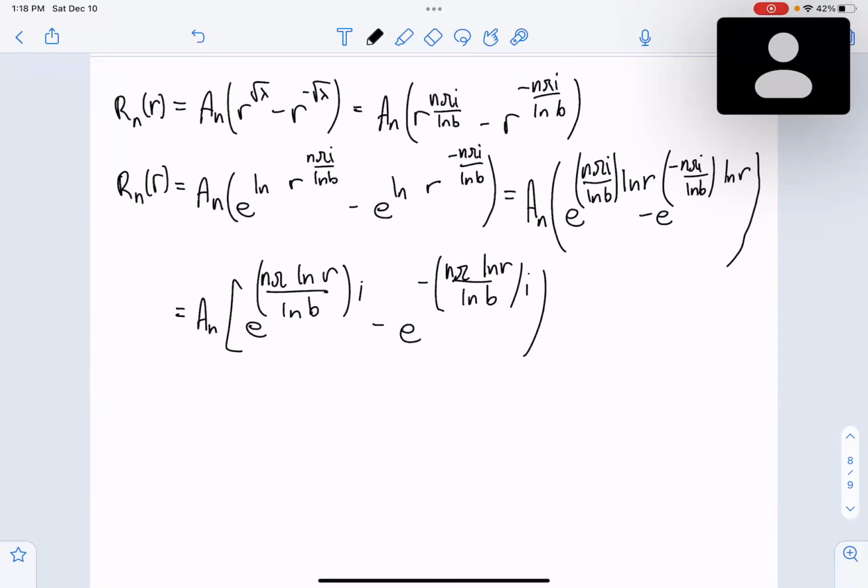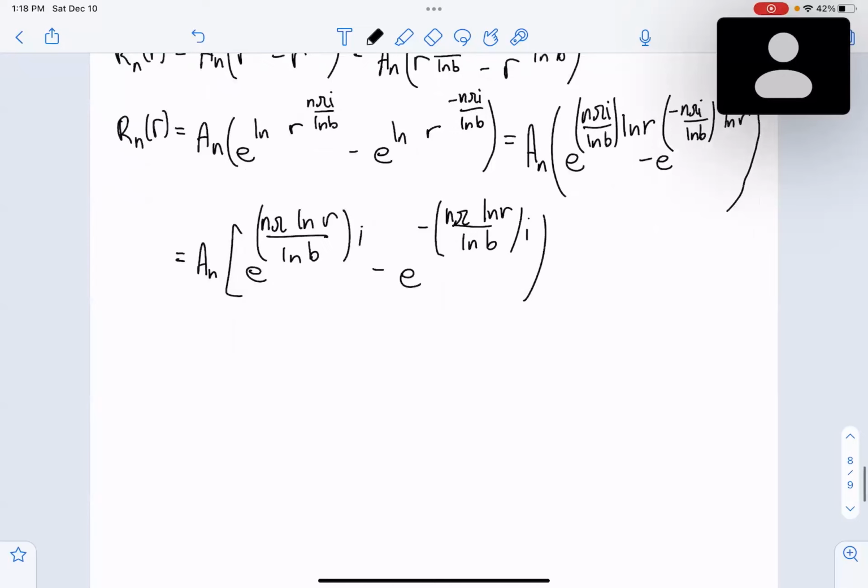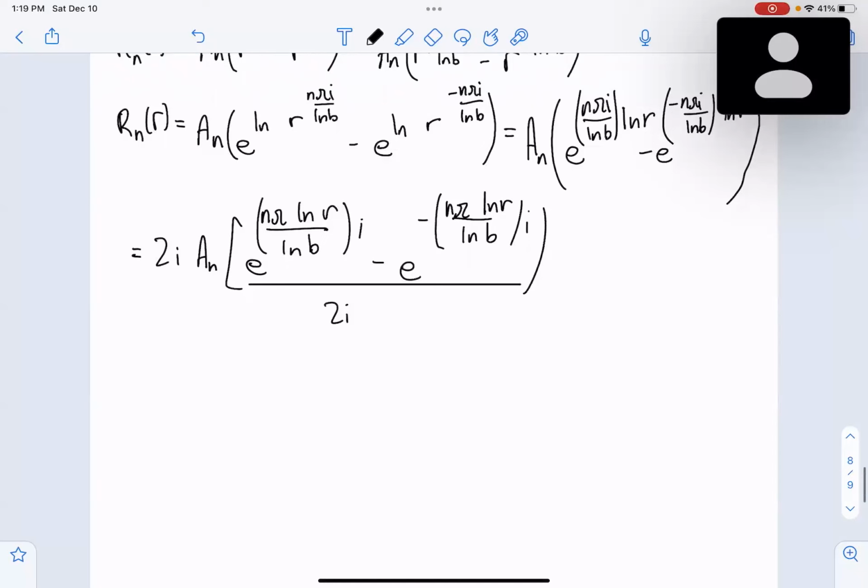And now all we have to do is really just get a factor of 2 out. If we just simply divide by 2i here and multiply by 2i outside, we essentially get the same. Obviously, it's equivalent. We're just dividing and multiplying. But that makes it more clear right away that we're looking at sine here.